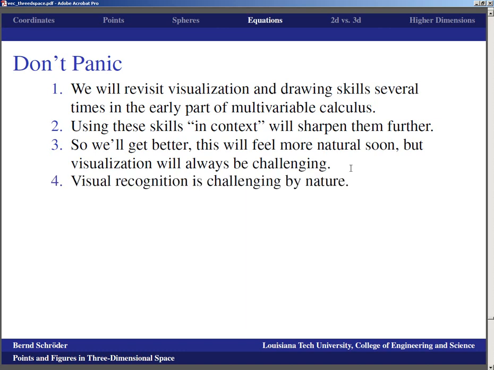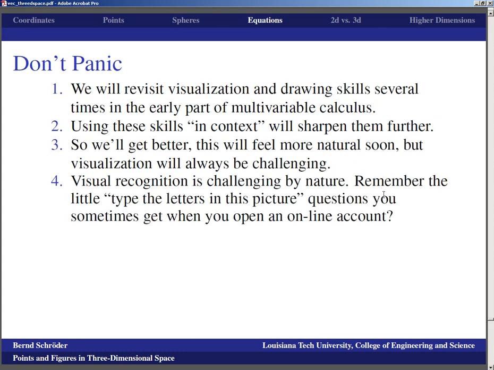So it will always remain challenging, and that is because visual recognition is challenging by nature. Remember, every so often when you open an online account, you've got these little questions that say, type the letters in this picture, and you've got bubbles and colors, and in those letters there is a phrase like, how you doing, and you're supposed to type that in, and you often wonder, well, what kind of a fool would not be able to do that?